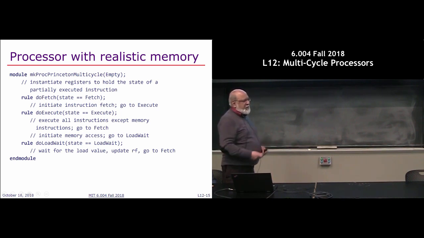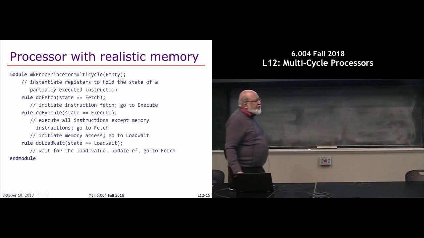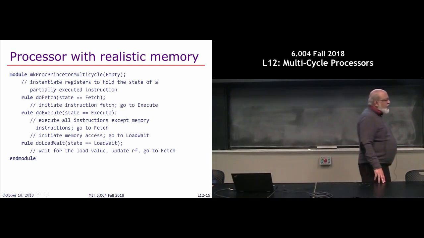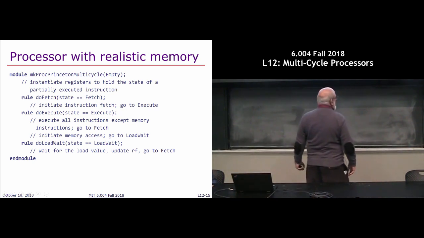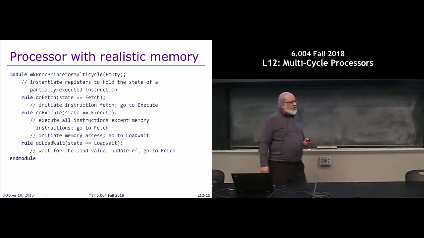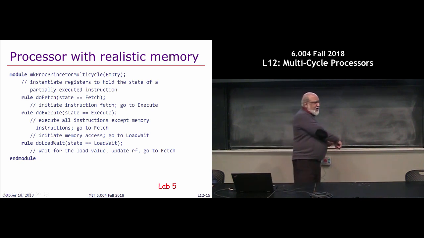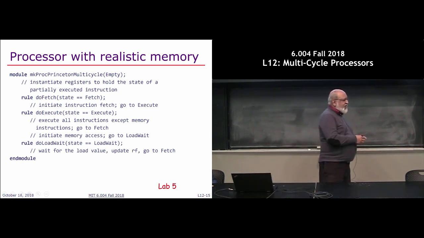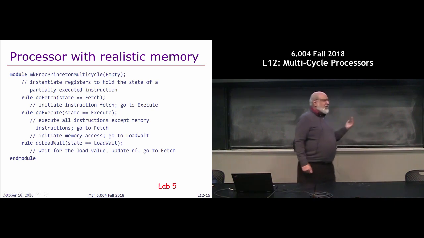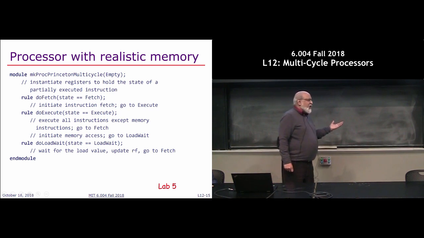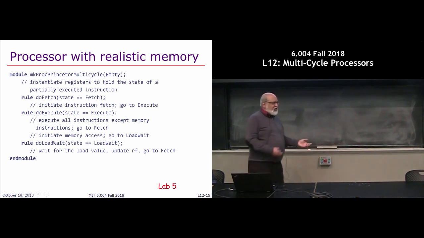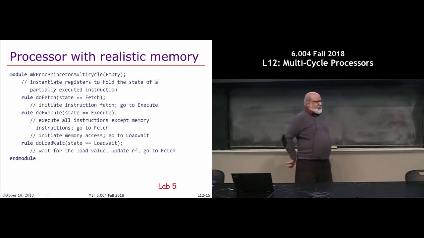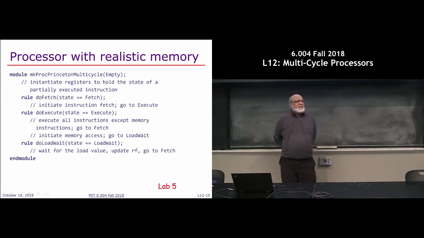So is there some other rule for the actual memory module, like another guard that says memory is ready? You have to have something, like the one I showed you in the previous slide, that you have a memory module. Once you initiate, you're only initiating the memory load operation here. You have to have another rule which waits for the results to come back from the memory, which was shown earlier, right? The slide.